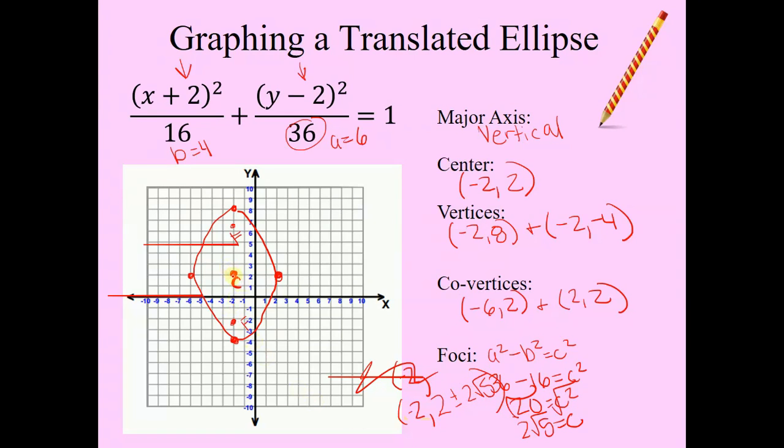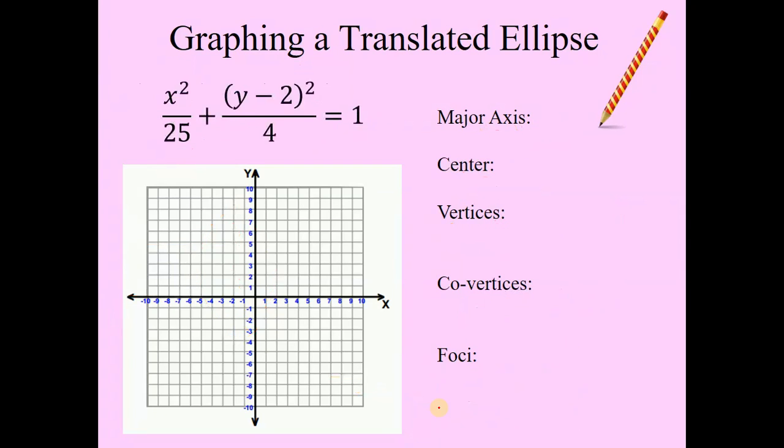So I went from 2, I went up square root of 20, aka 2 square root of 5, aka 4.5, and then I also went down 2.5 from both sides. So my foci, their ordered pairs are -2, comma, 2 plus or minus 2 square root of 5. Kind of hard, kind of different, but not too bad once you rationalize it through in your head.